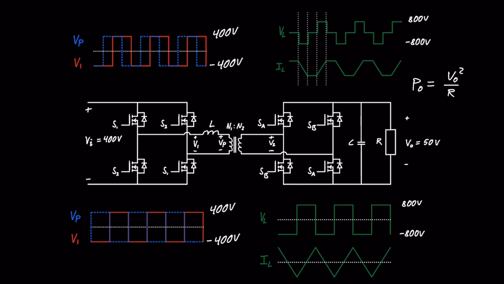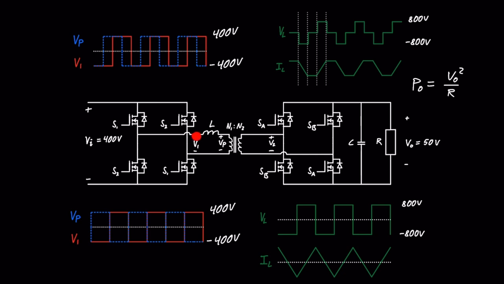One assumption that we made was that V out was constant and equal to 50. But that is not always true. The output voltage is dependent on the current in the inductor and also the voltage coming from here. Because we can actually calculate the output voltage by using the power balance.